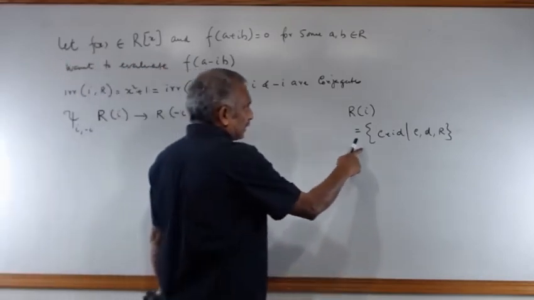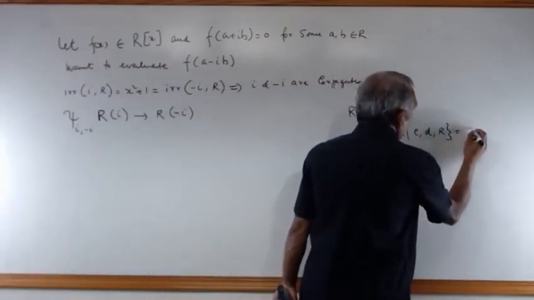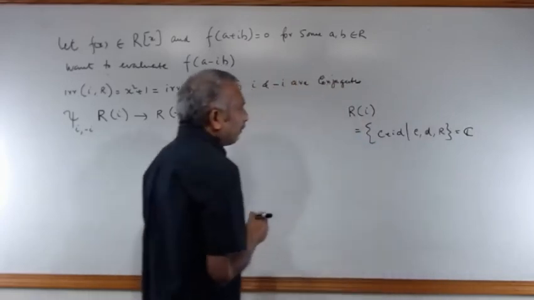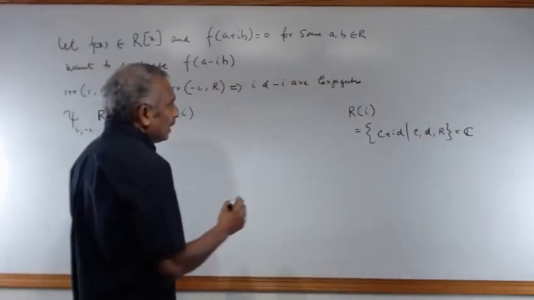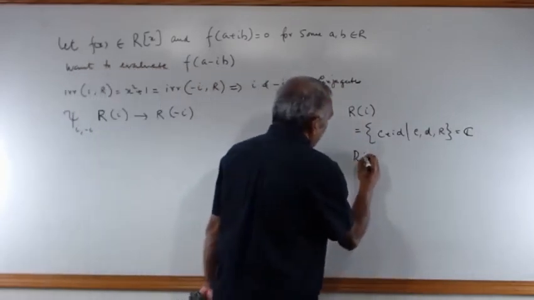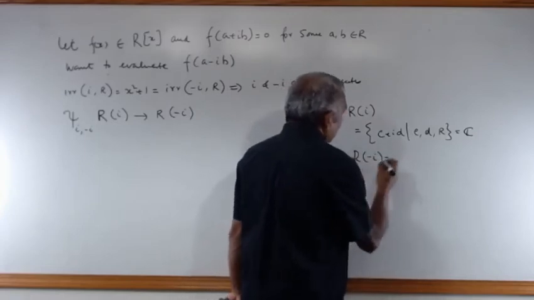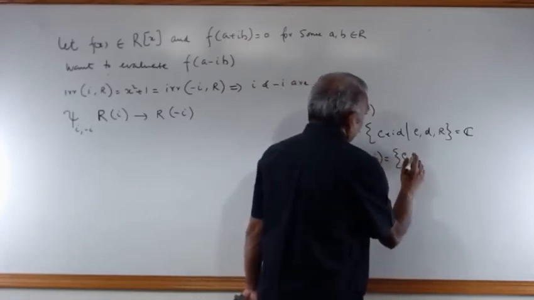That is why we get this. And this is nothing but the field of complex numbers. And similarly, R(minus i) is also the same thing.